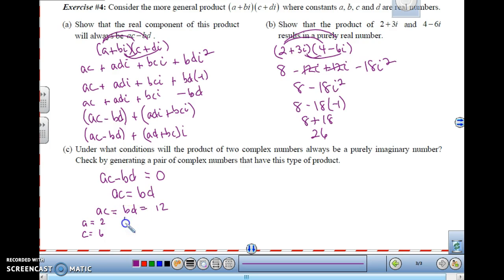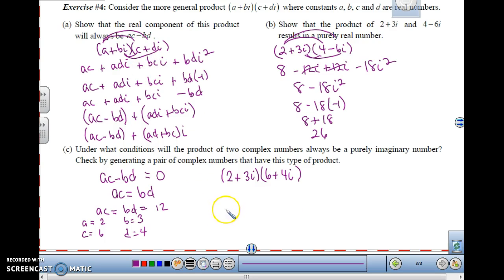And then B times D. Let's say B is 3 and D is 4. All right, so if we write them in the form A plus BI times C plus DI, A plus BI would be 2 plus 3I. And then C plus DI would be 6 plus 4I.